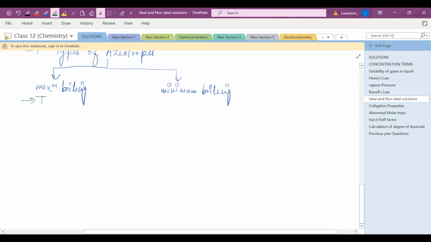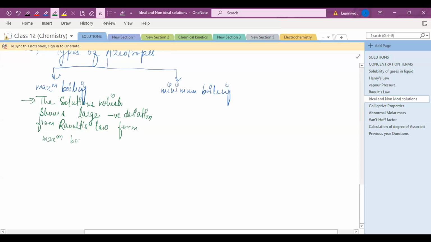Okay, so just write down: the solutions which show large negative deviation from Raoult's law form maximum boiling azeotropes, right? And what are minimum boiling azeotropes?